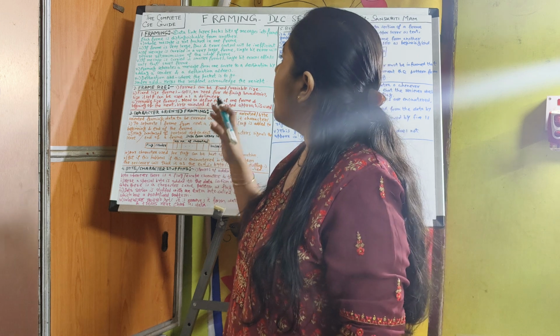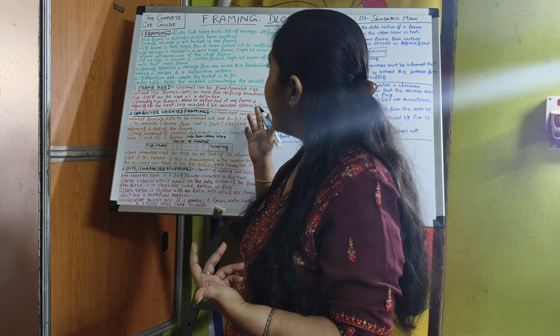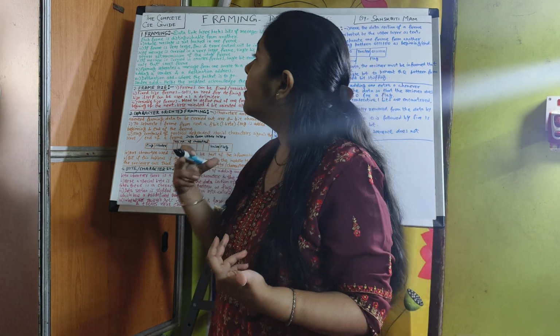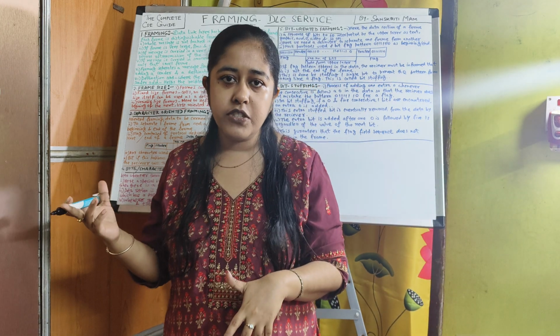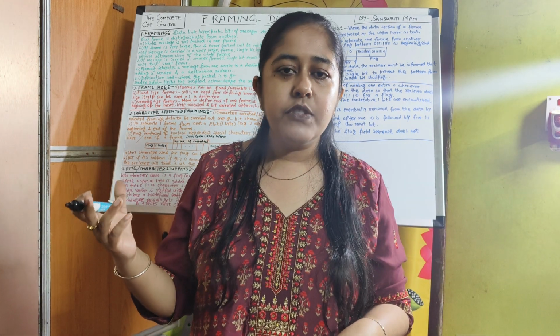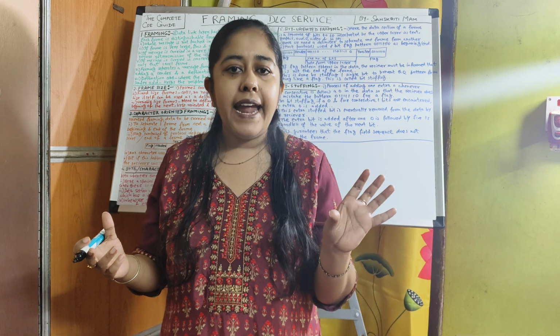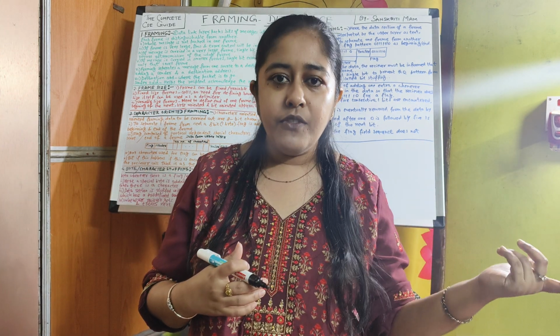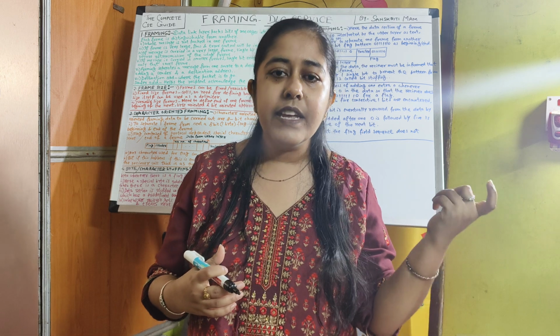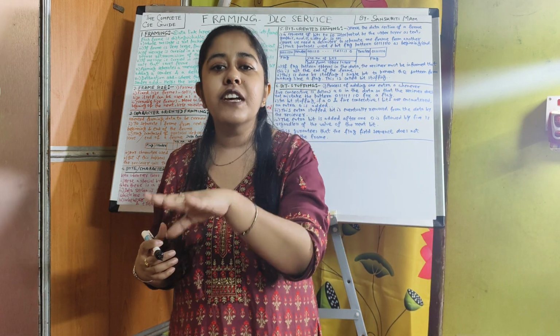If a message is carried in a very large frame, a single bit error will require retransmission of the whole frame. We will see different protocols later, and there, if some error occurs, we have to retransmit the data.